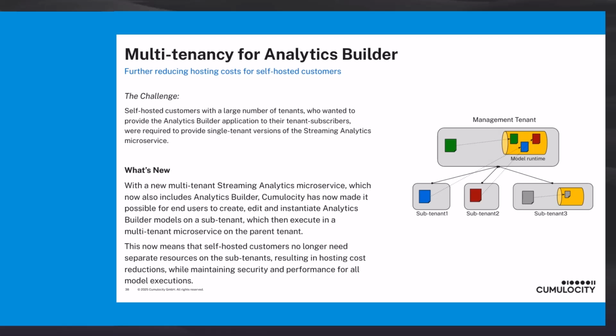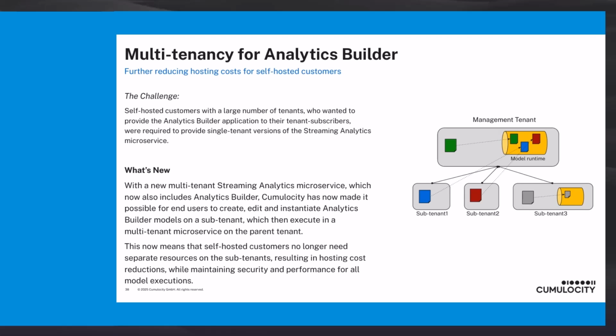Then another noteworthy improvement, mostly for self-hosted customers with a large number of tenants, is that we're now introducing multi-tenancy for Analytics Builder. Previously, those customers were required to provide single tenant versions of the streaming analytics microservice for each of those subtenants, as you would see from scenario 3 here on the picture on the right.